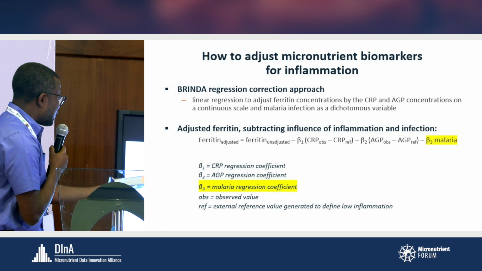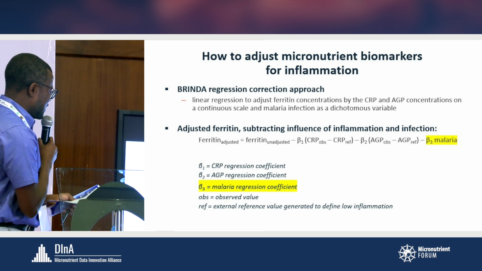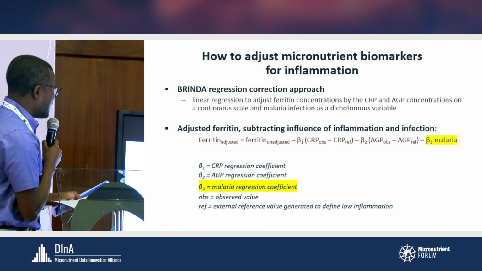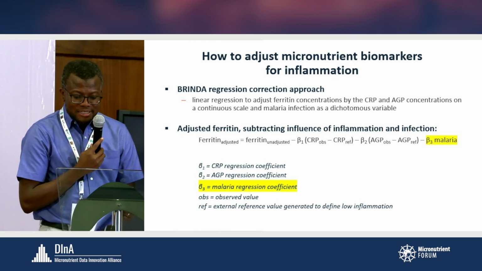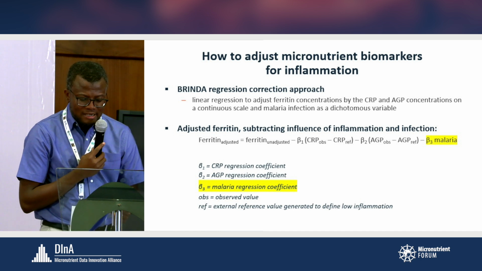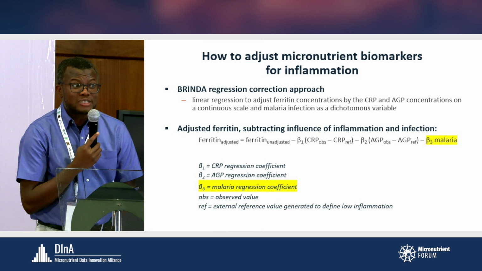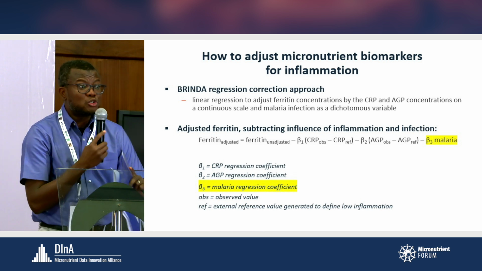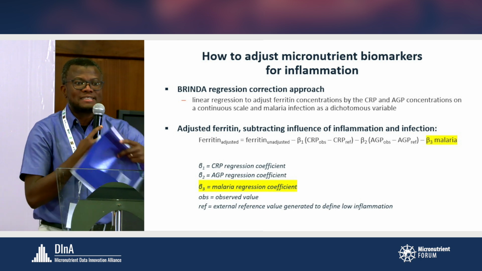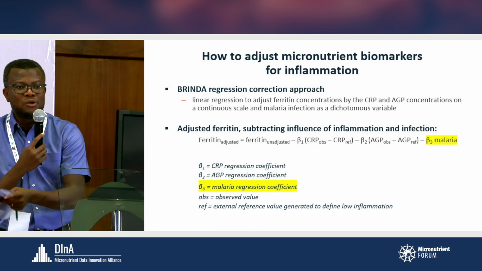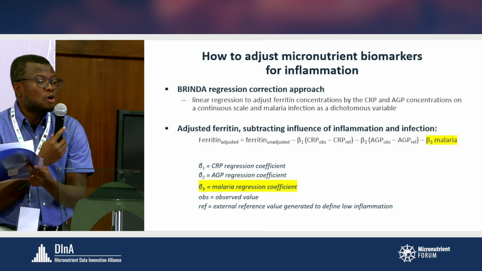After all this, you get the inflammation-adjusted ferritin before we can interpret iron deficiency. The equation is a lot of steps, but we've developed tools to help people. You don't have to go through this, but this explanation gives you the background on why we need all those steps.